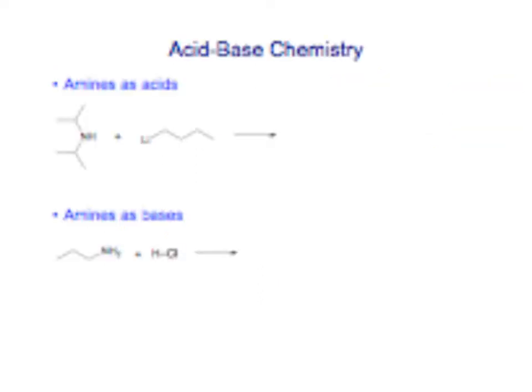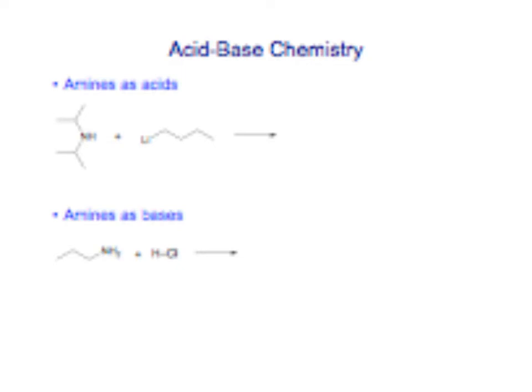All right, so like I mentioned, really, a lot of times the reasons you want to make amines, or the roles that they play in biology, is that they function as bases, and conjugate acids function as acids.